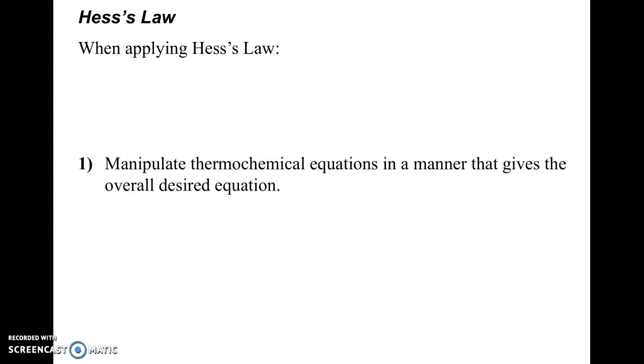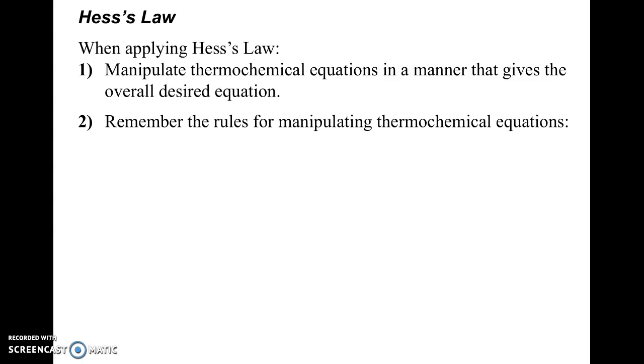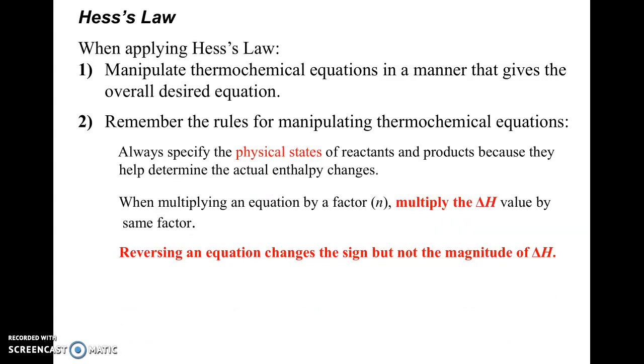So there are some things you need to remember when applying Hess's law. You can manipulate other equations however you need to get the desired equation, but when doing those manipulations, there are some rules. You have to use your physical states. So for instance, you recognize your liquid water has to go to vapor phase water.